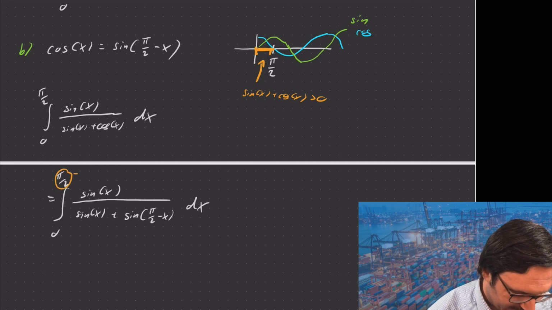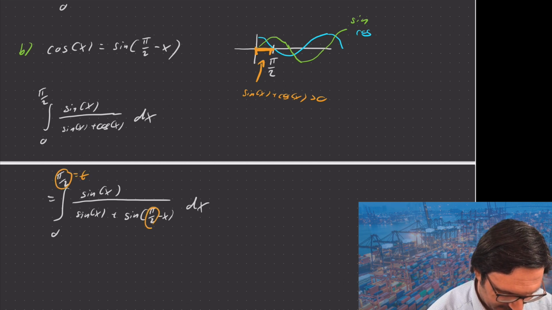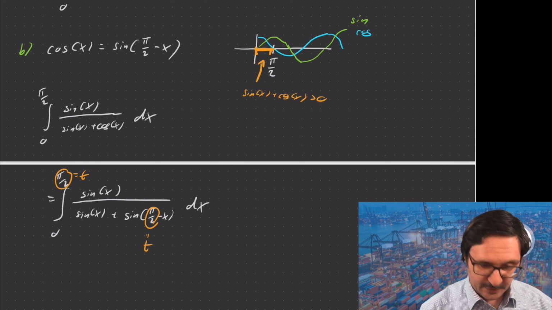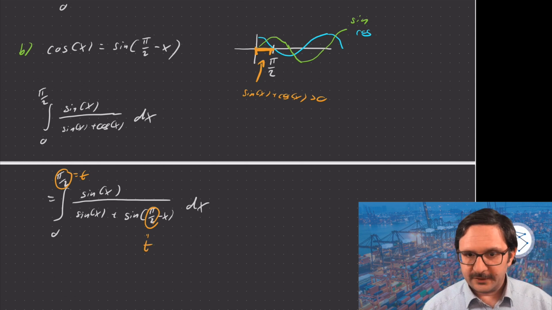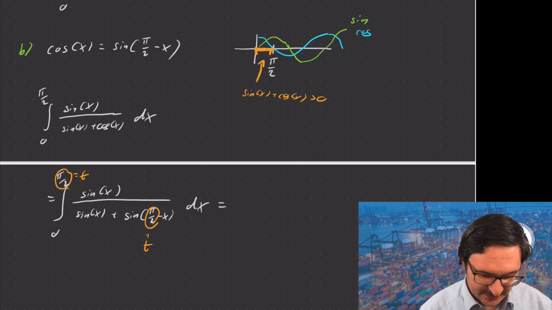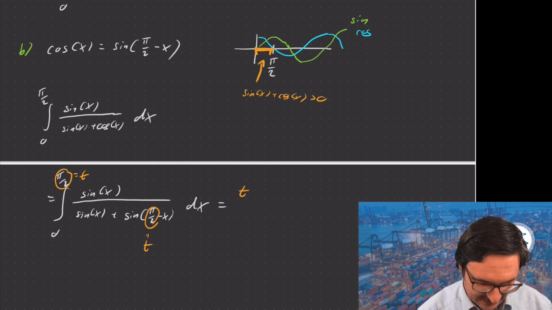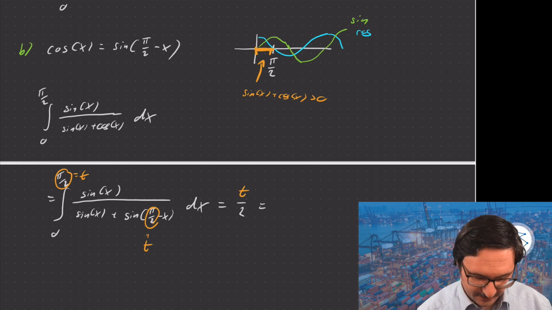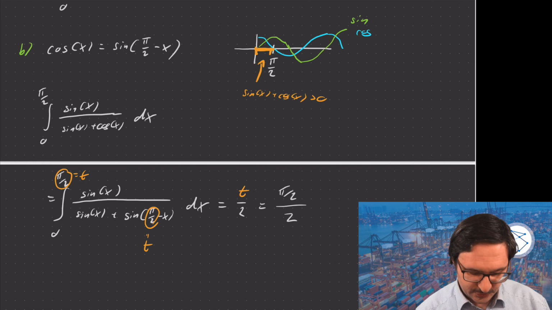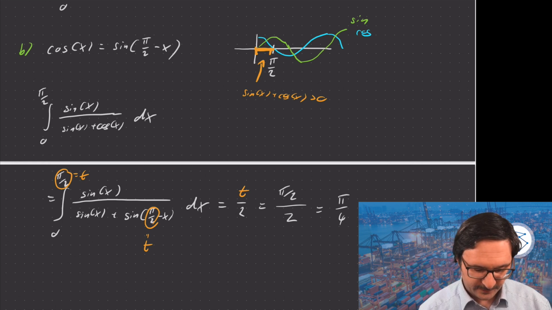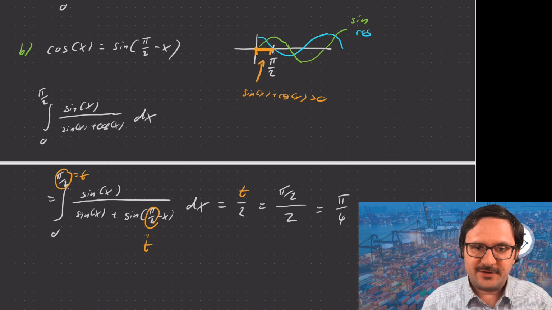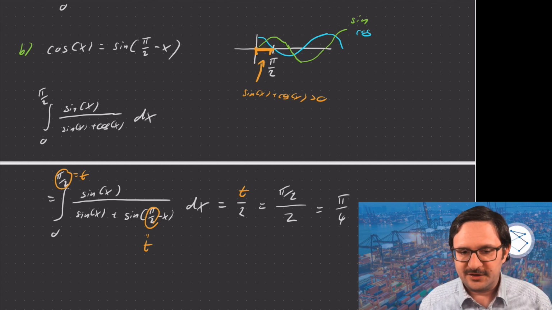So this here is our t. And now with the result from part A, we know that this integral is exactly t over 2. So with t being pi over 2, we get pi over 2 over 2, or pi over 4. And that gives us an easy way to solve this specific integral.